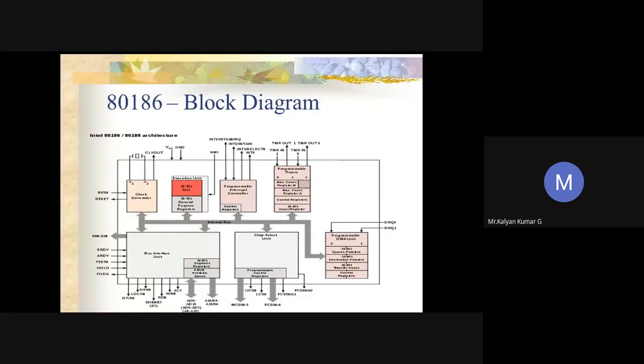So what are the additional features, additional blocks that you have noticed in the 80186? Can you name any one or two blocks that are added in the 80186 or which are absent in the 8086?